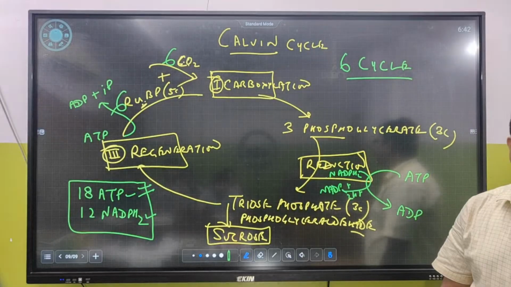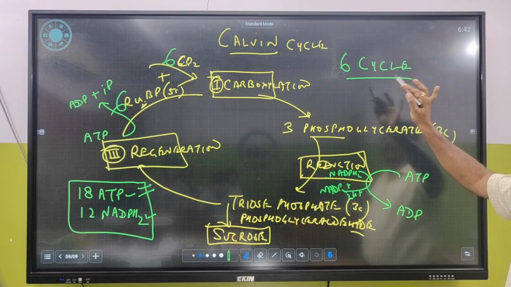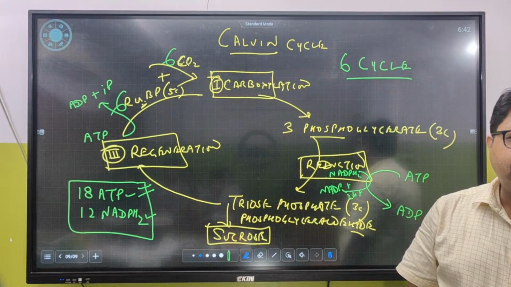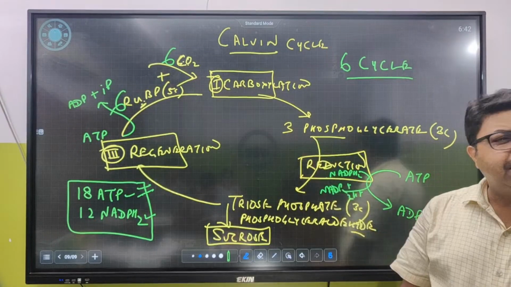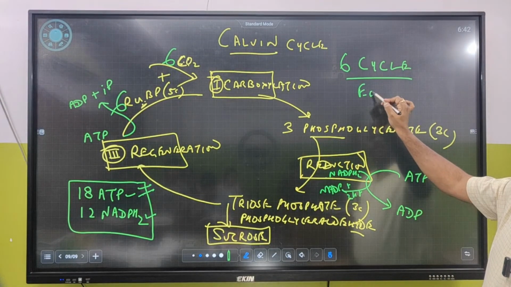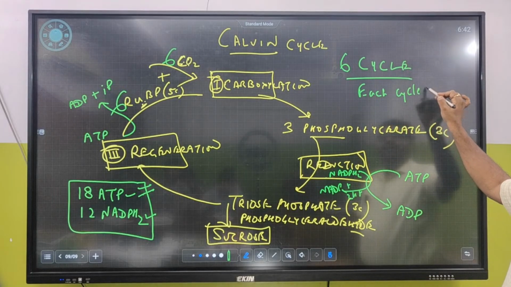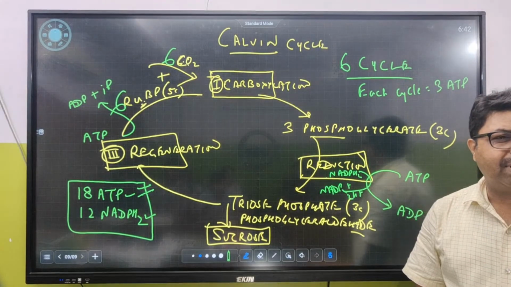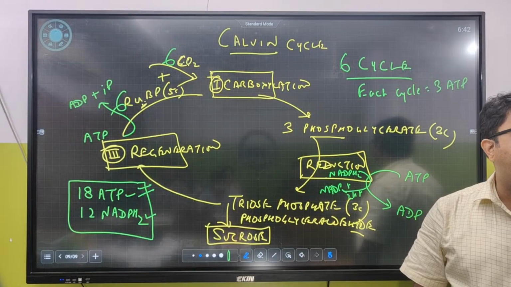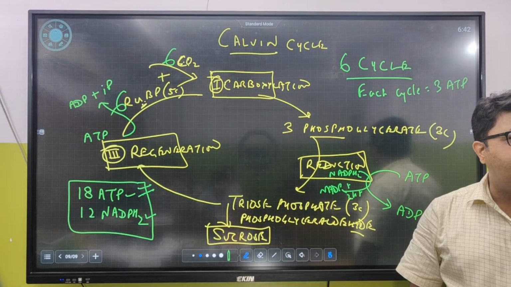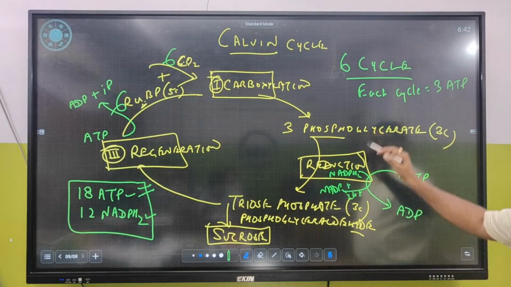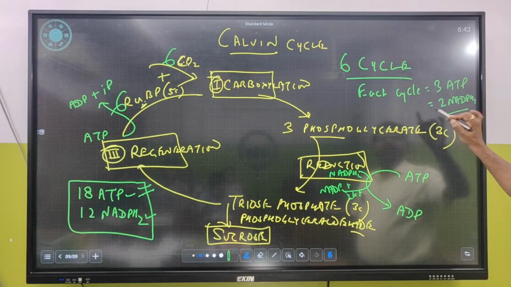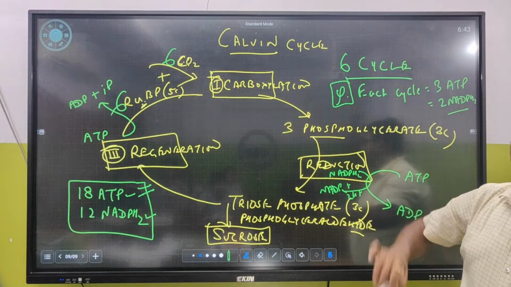Calculate this. If in 6 cycles 18 ATP are utilized, then how many in one cycle? 3 each. So in 1 Kelvin cycle, how many ATP are utilized? Utilized or formed? Utilized. How many? 3. How many NADPH2 utilized? 2. Clear? This is a very, very important question.